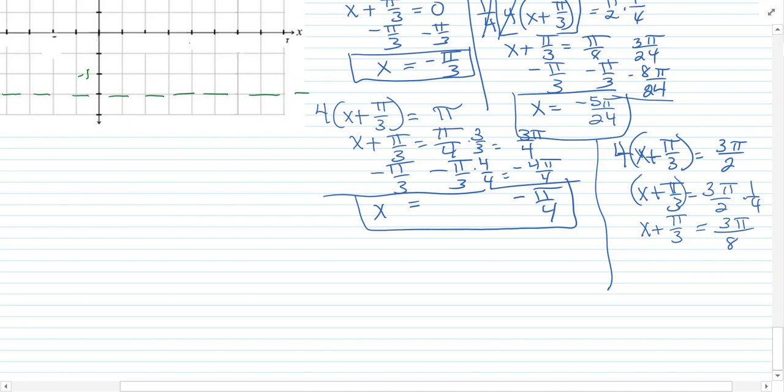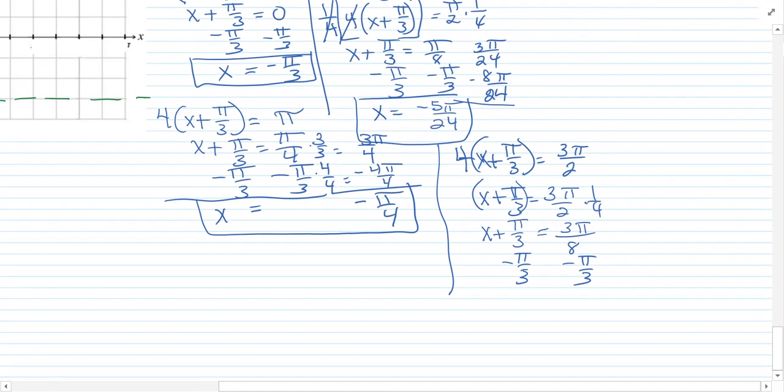So I'm going to divide by 4 or multiply by 1/4. And then I'm going to subtract pi thirds. Again, I'm going to have a common denominator of 24.